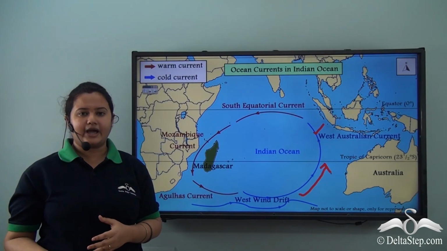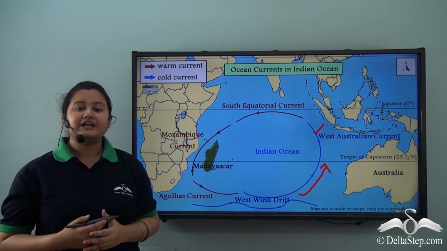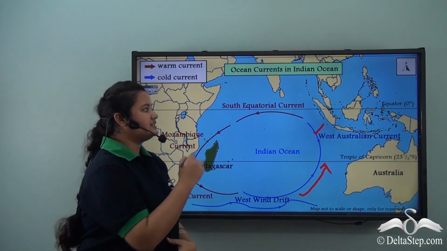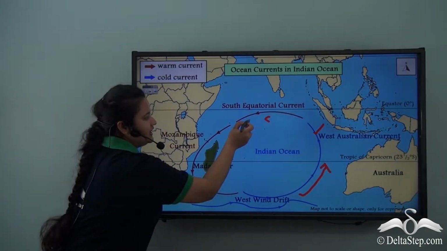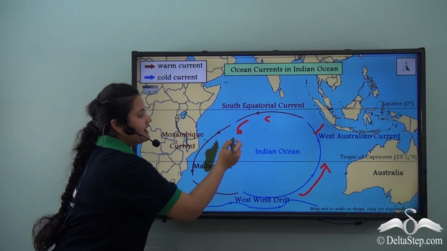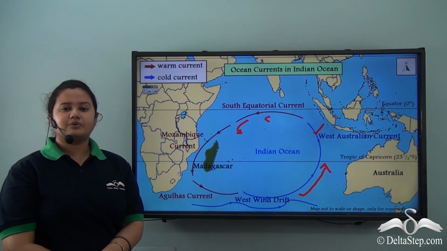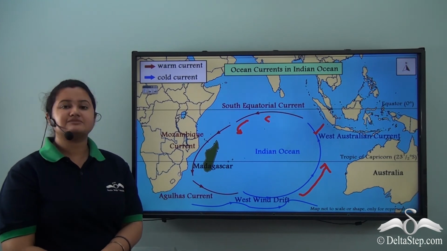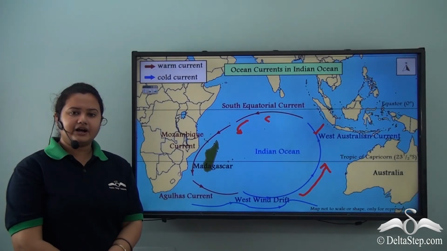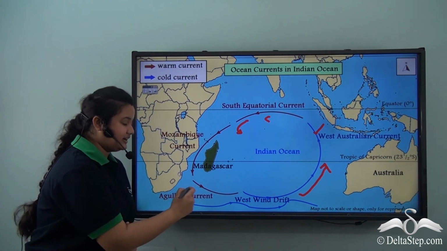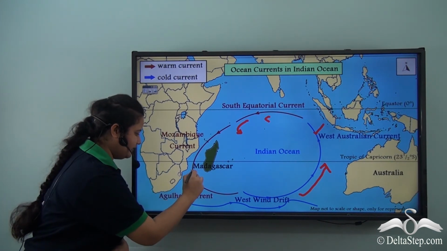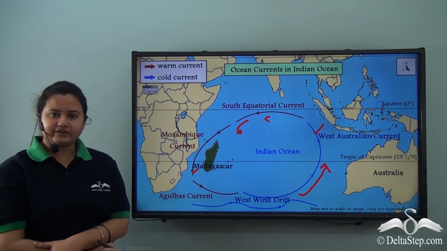So, let us recapitulate. In the southern part, the gyre starts with the South Equatorial current, deflects to the left. After deflection, it gives birth to a warm current whose name is Mozambique current. Mozambique current crosses Madagascar. After crossing Madagascar, it gives birth to another warm current.